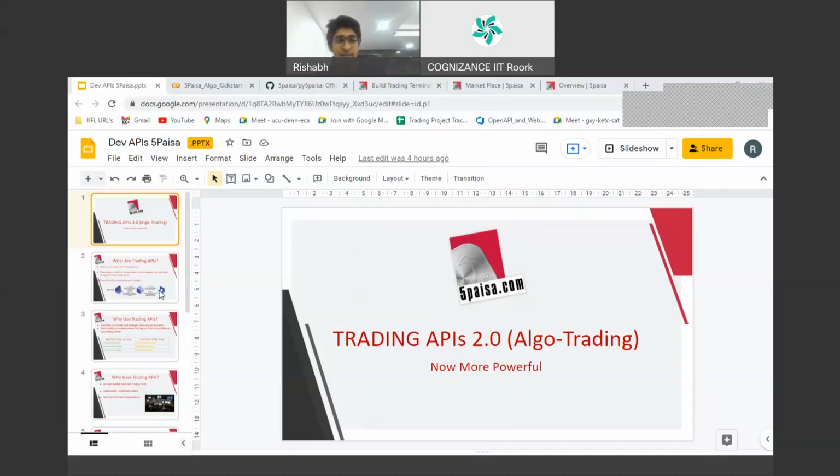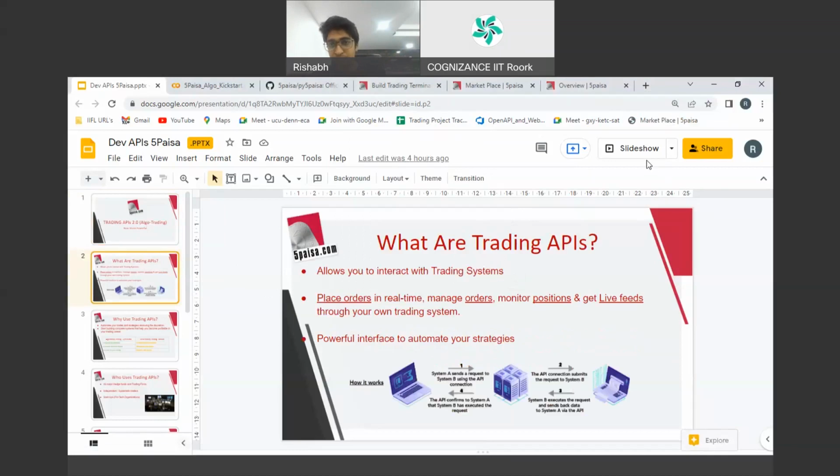So what are trading APIs? Trading APIs are a way where your front end can interact with the broker's trading system. A broker is a facilitator. So the broker sits in between a client, that means you as students or traders, and the exchange.